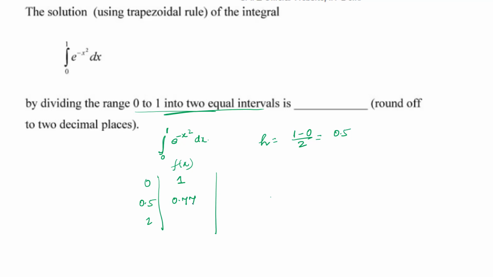Now e to the power minus 1 square will be nothing but 1 by e, so 1 divided by e is 0.367. Here it is asking for two decimal places, so we can write up to 2 or 3 decimals, it's fine. Let us take up to 3 decimals.